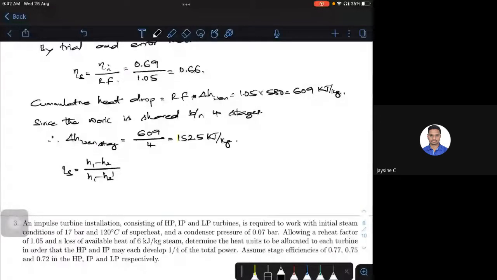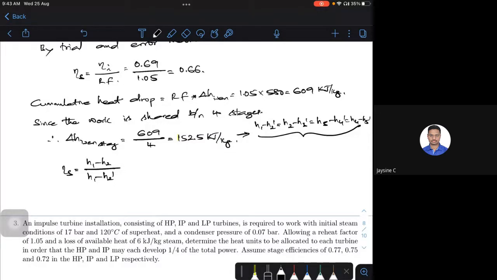Here H1 minus H2 dash, H2 minus H3 dash, H3 minus H4 dash, H4 minus H5 dash are the same, because all these isentropic enthalpy drops are the same.